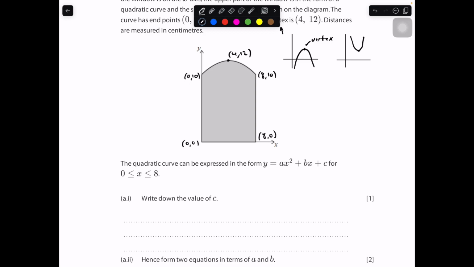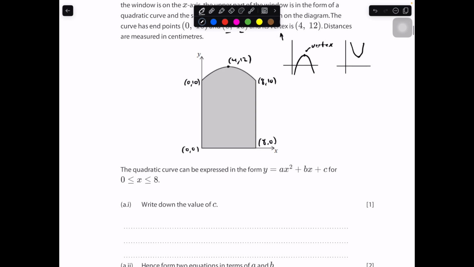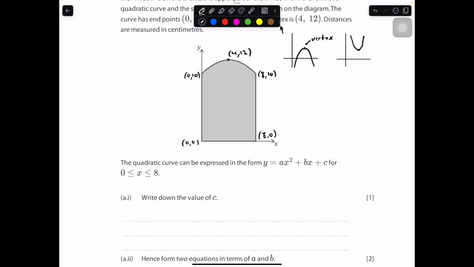The quadratic curve can be expressed in the form y equals ax squared plus bx plus c, for x greater than or equal to 0 and less than or equal to 8. Write down the value of c. So what's going on here is we have this general form of a quadratic. Just like the general form of a line, a linear equation, is y equals mx plus b, this is the general form of a quadratic.